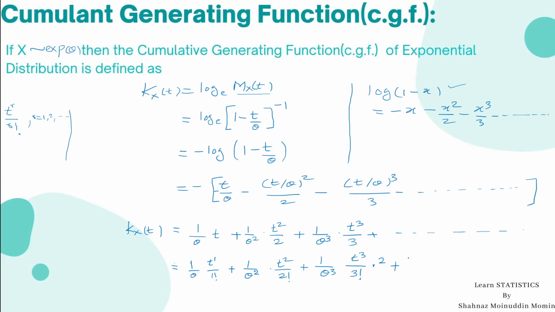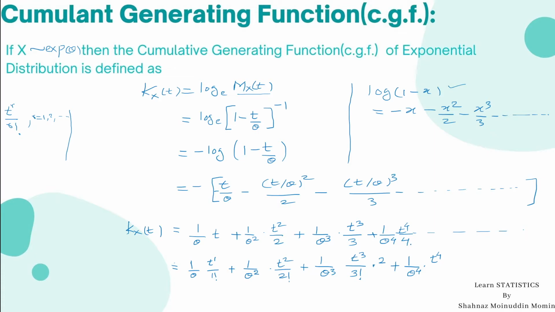For the fourth term, 1 upon theta raised to 4 into t raised to 4 by 4.